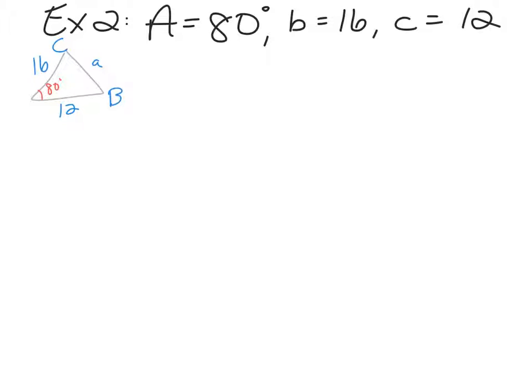So as we set up our law of cosines, we need to use the A version of the law of cosines because that's the angle that we have to work with right here.